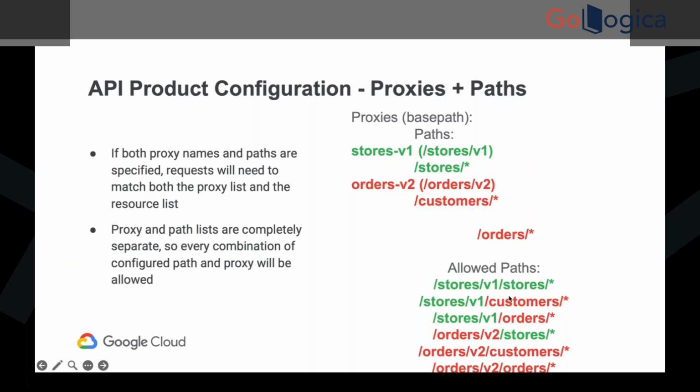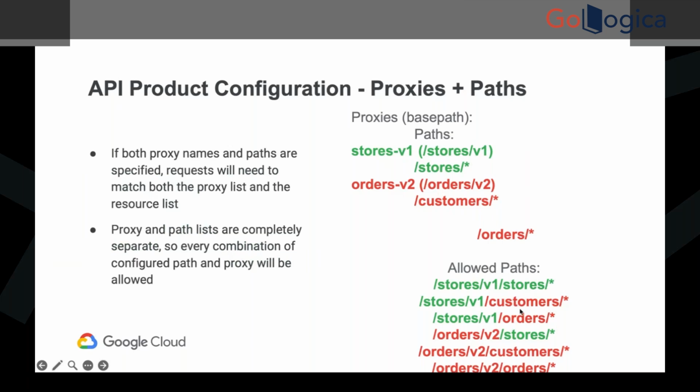However, in reality, these two paths will not exist in the stores proxy. If someone tries this wrong path, Apigee will not block it, but within the proxy you can manually throw an error, such as 404 not found, saying this path is not valid.